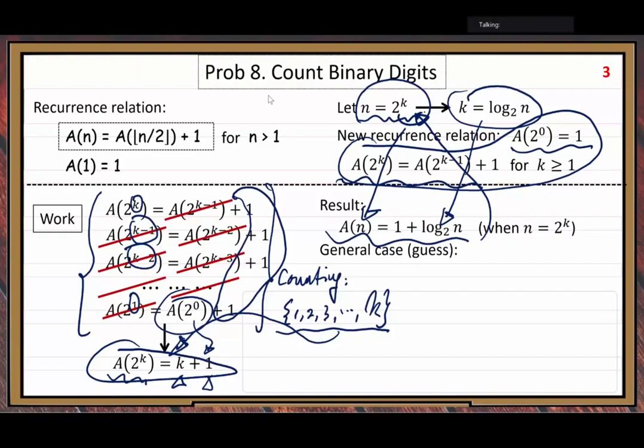Now, for a general integer n that is not a power of 2, a of n. But when we make our guess, look at the base of our guess. We have a solid base.